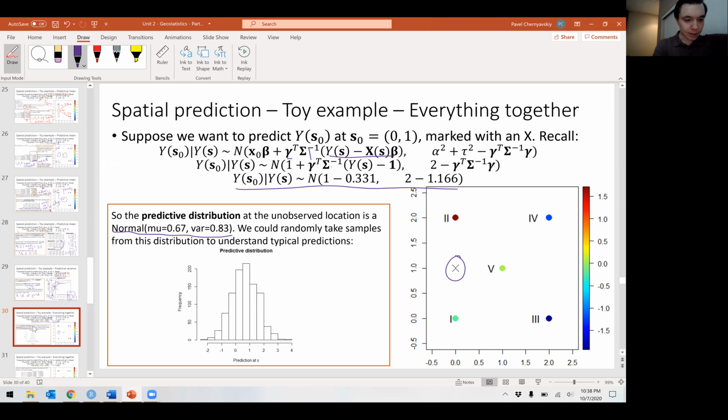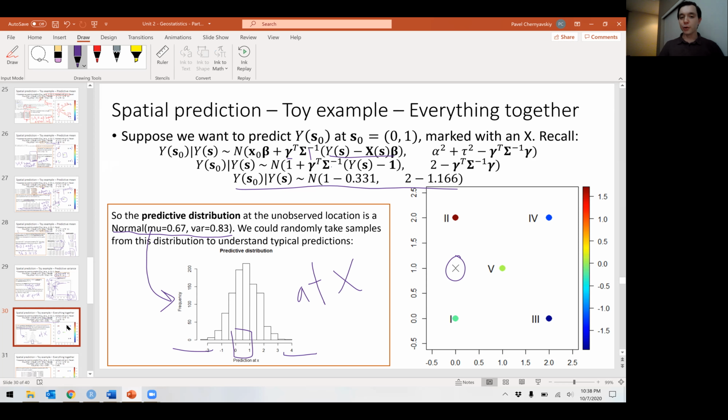So this right here is what the distribution of data at x is predicted to be. Values between 0 and 1 are pretty typical, with a variance of 0.83. So it's pretty unlikely that that value will be above 3 or below -1, for example. So we get a full predictive distribution of data at our unobserved location.